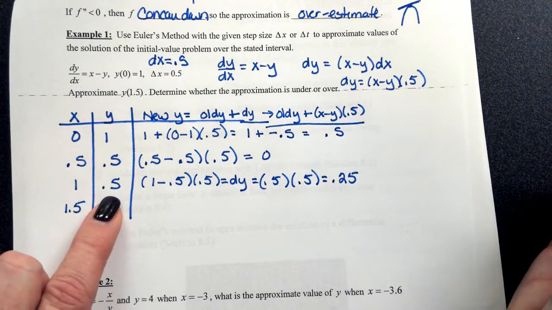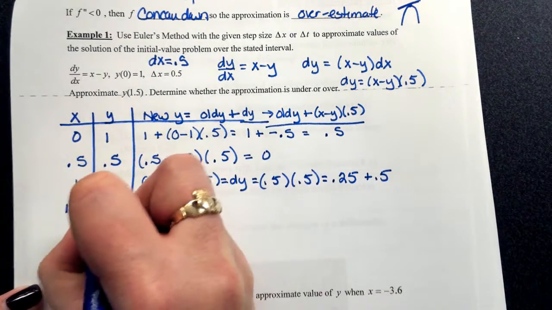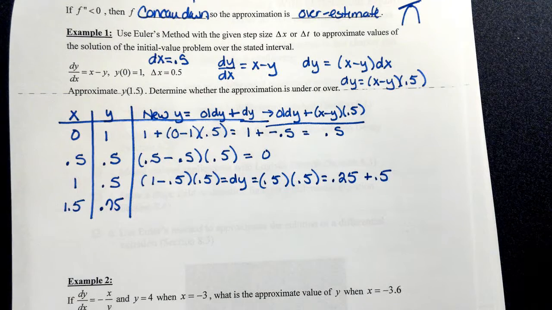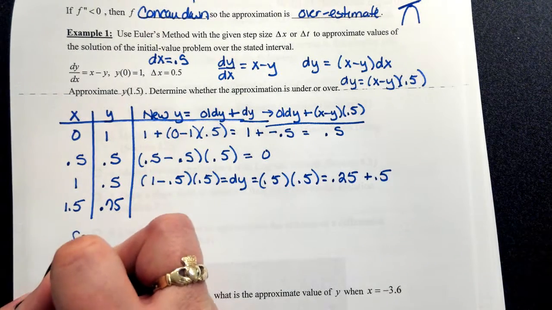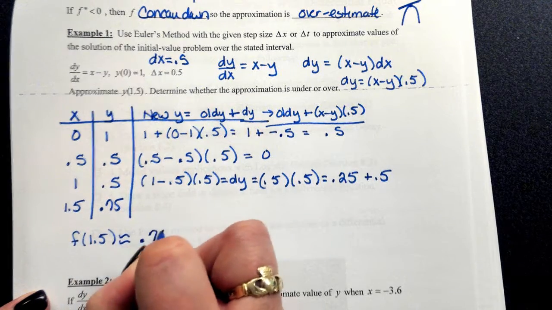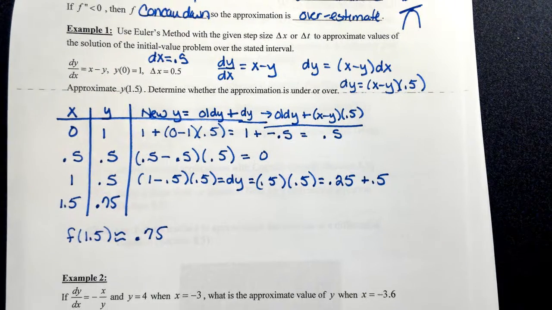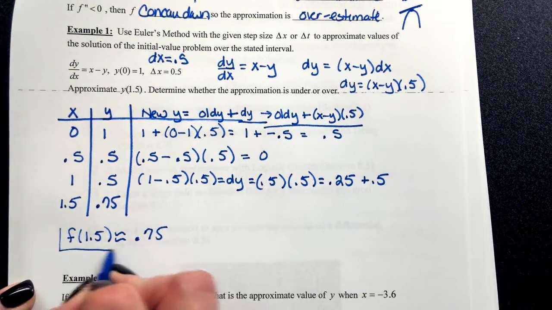And now I need to add my old y to it, which is plus 0.5. So it gives me 0.75. So now what I've just found is that my approximation f of 1.5 is approximately equal to 0.75. Any questions on where I got 0.75 from?